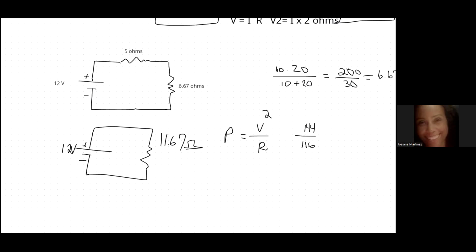And that's a calculator problem. Whatever number you get will be in watts. And it's something close to 12 watts. It's something a little bit more than 12 watts.